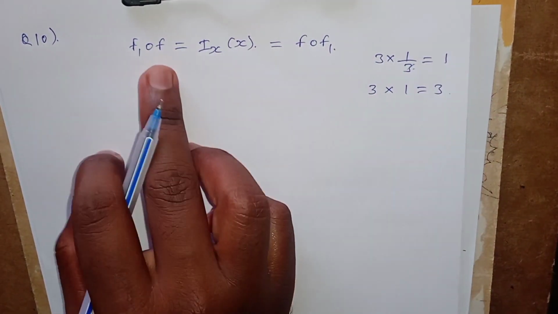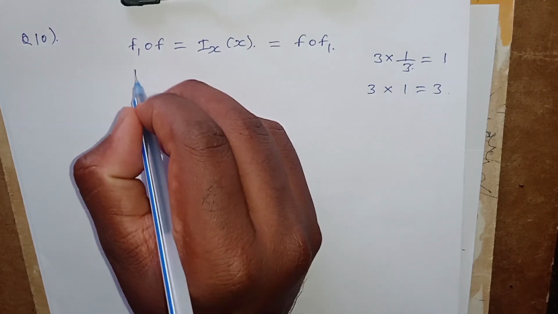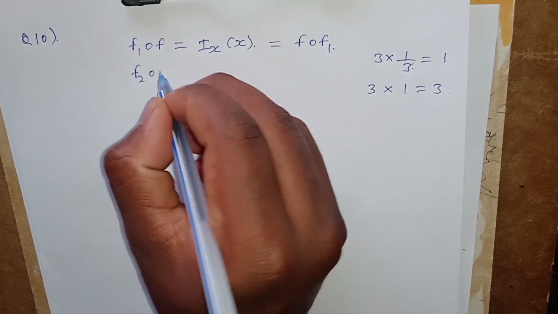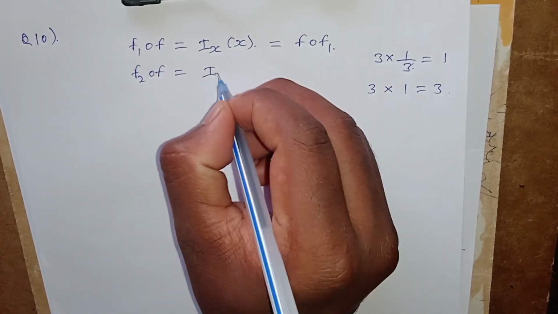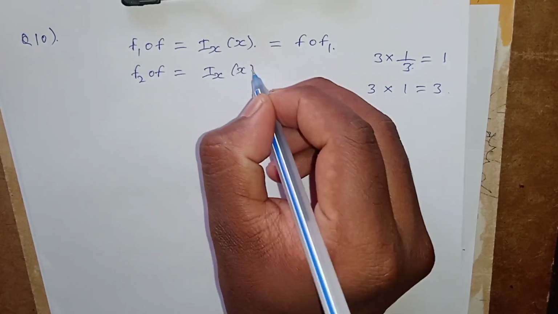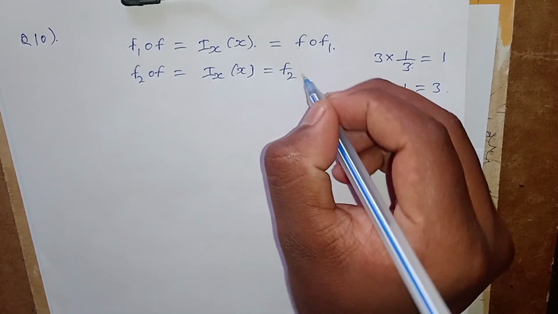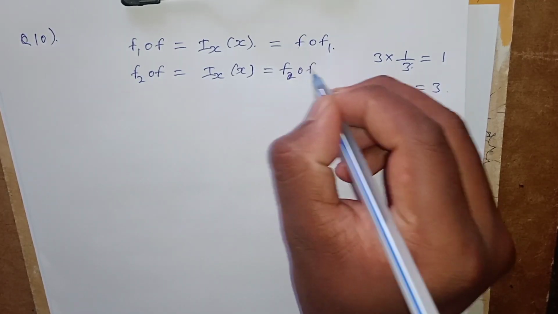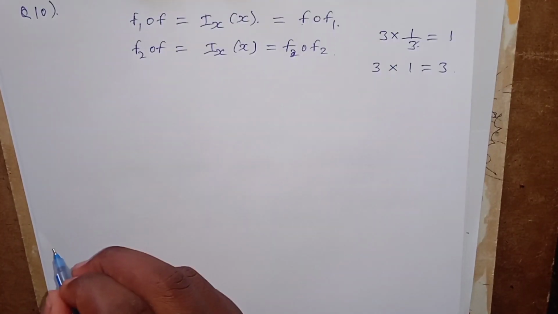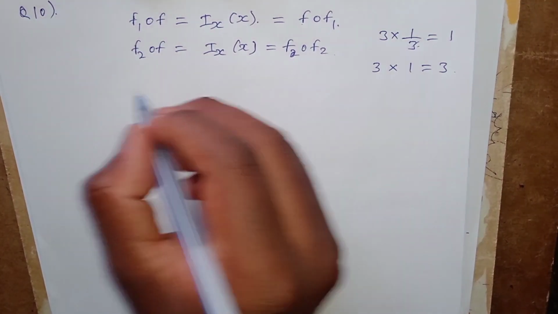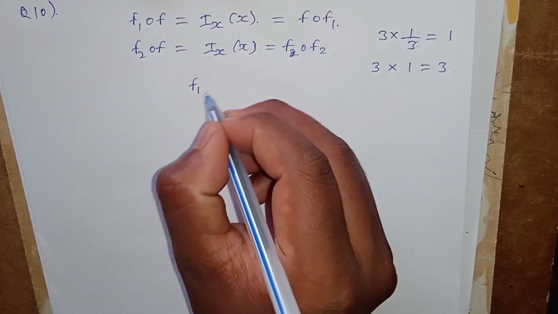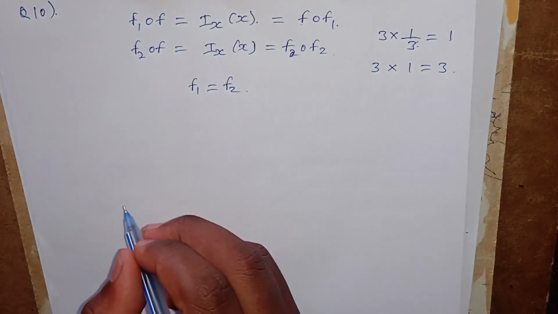Similarly here, next f2 ∘ f is equal to the identity of x, which is nothing but f ∘ f2. Therefore you have to show that f1 is equal to f2.